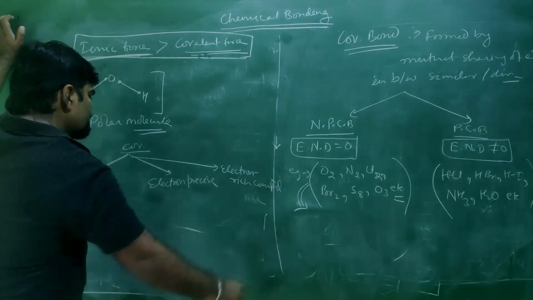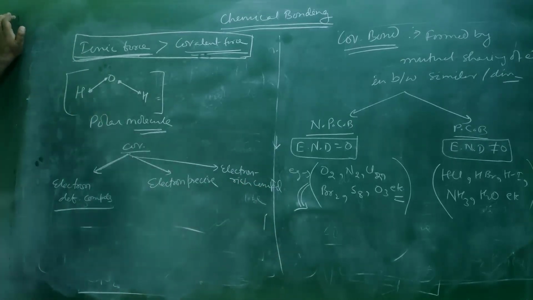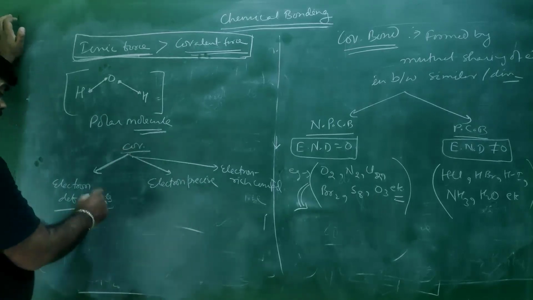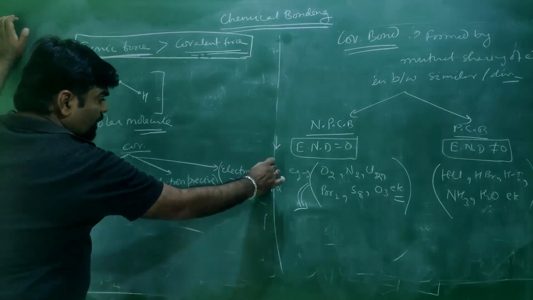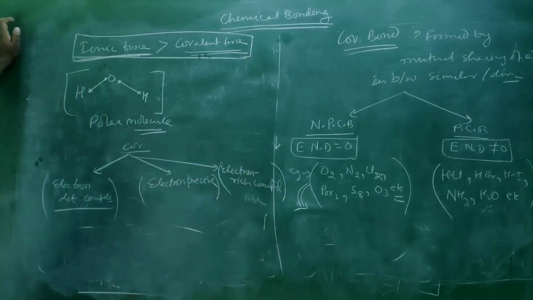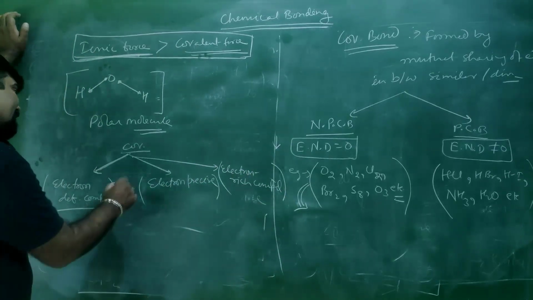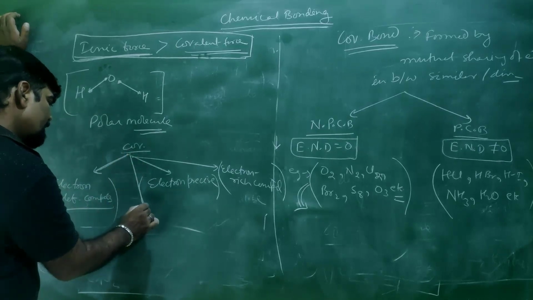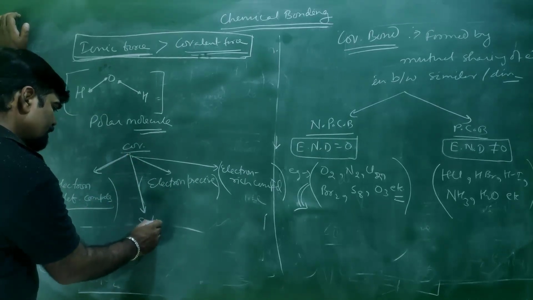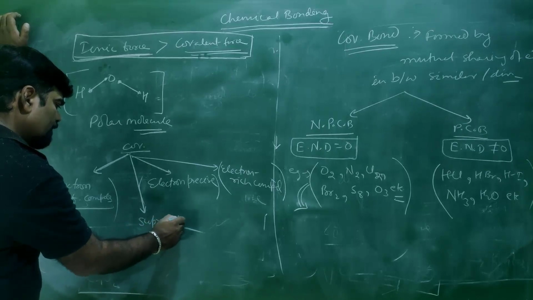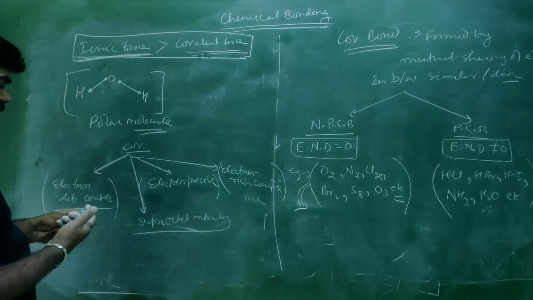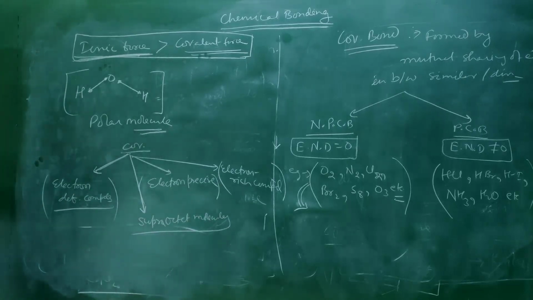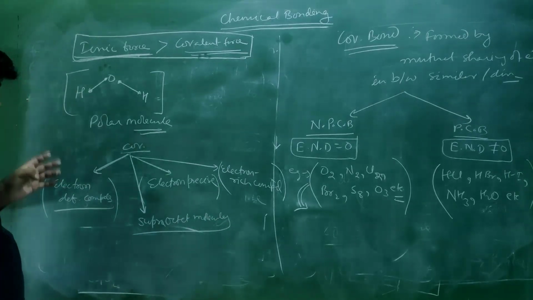It can also be divided as supraoctet molecules: molecules which have more than 8 electrons in their outermost shell.